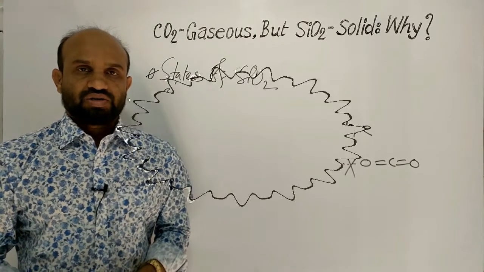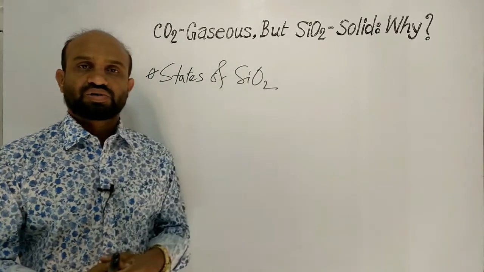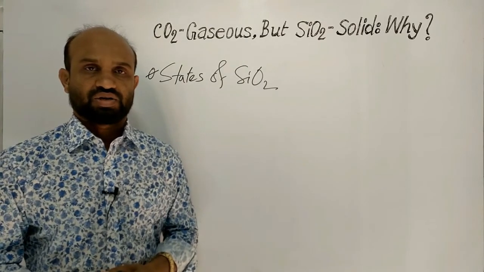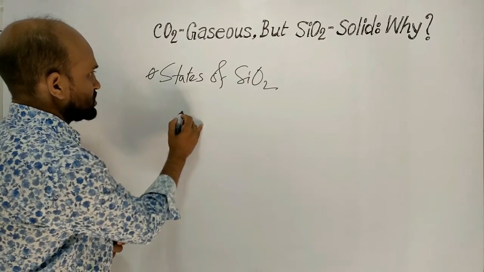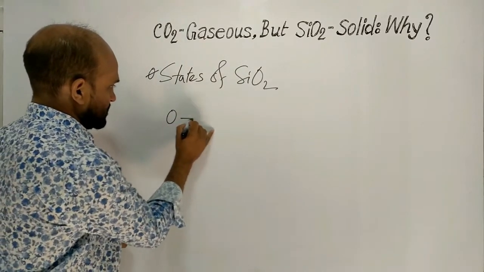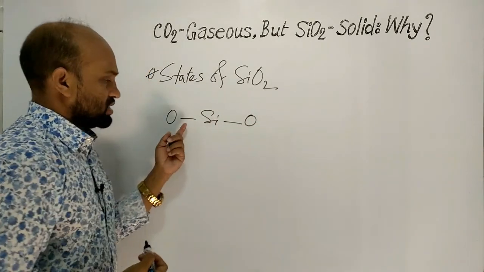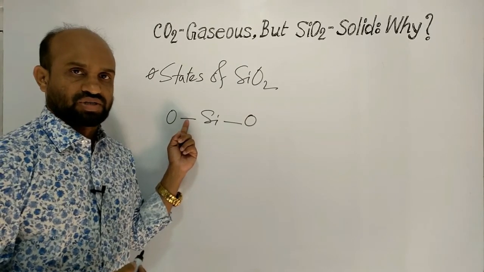Let's see the next point. Now the point is the state of silicon dioxide. Let's see the physical state of silicon dioxide. Here, the bonds in silicon dioxide are oxygen, silicon, oxygen. There is no double bond in silicon dioxide.